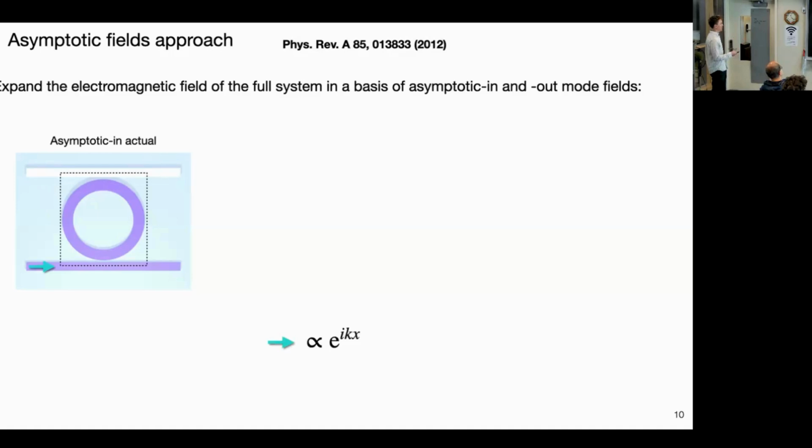And so an asymptotic in field for the actual channel looks like a plane wave propagating towards the interaction region in the actual channel with wave number k. And the other components look like scattered fields moving away from the interaction region in the actual and phantom waveguide.